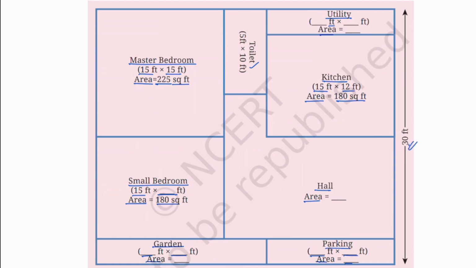You can see one of the sides of the rectangular plot is 30 feet. You have to find the missing numbers and find the area of the whole plot.